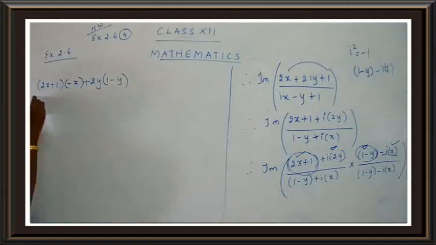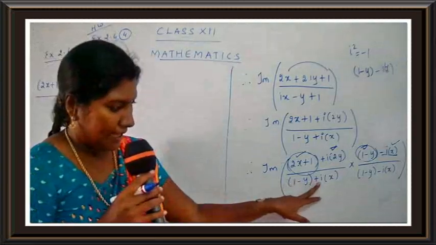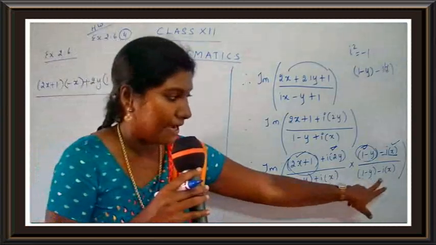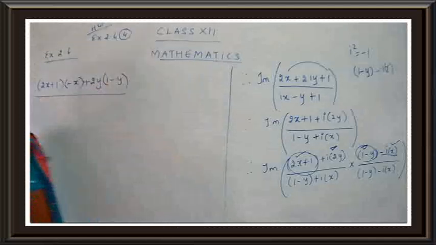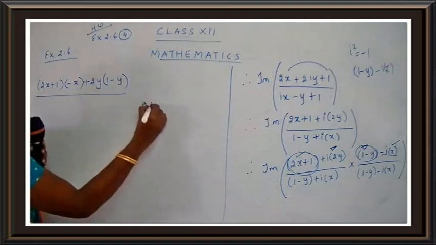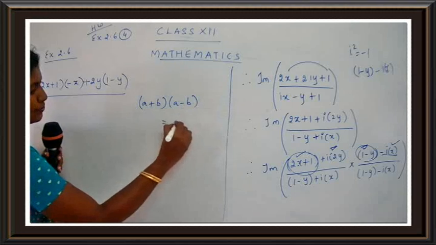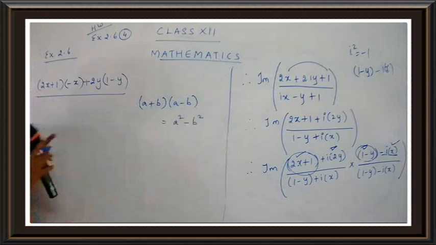Okay. Now let us go for the denominator part. This is 1 minus y plus ix, 1 minus y minus ix. So a plus b into a minus b. What is the formula for a plus b into a minus b? a plus b into a minus b is equal to a square minus b square.